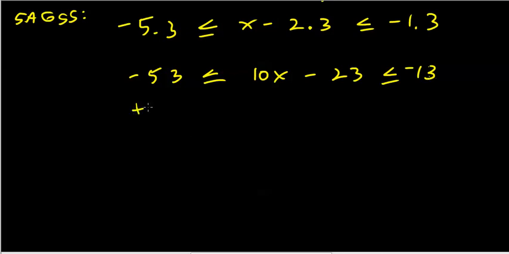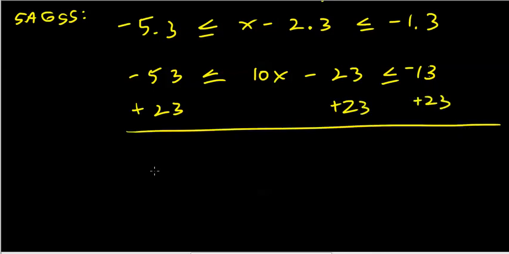I would probably add 23 to both sides. Well, 3 pieces, I would say. Alright, so minus 53 plus 23, that's of course negative 30 on the left. 10x in between. And minus 13 plus 23 is 10 on the right.